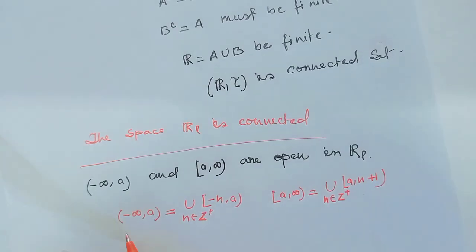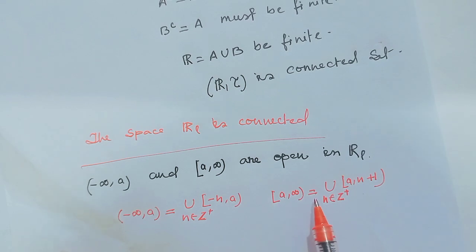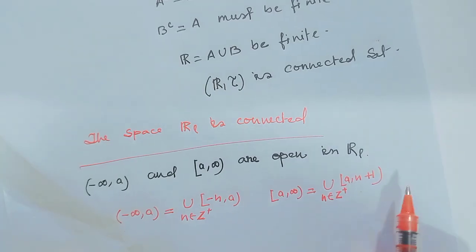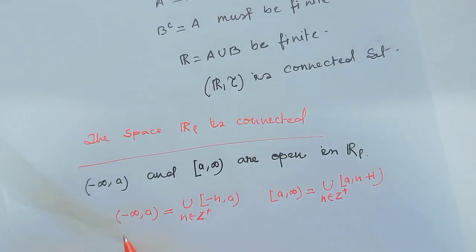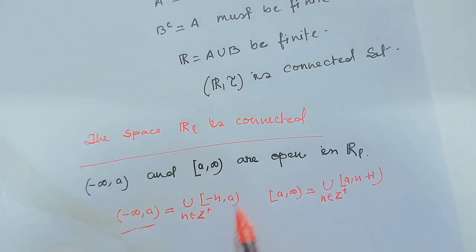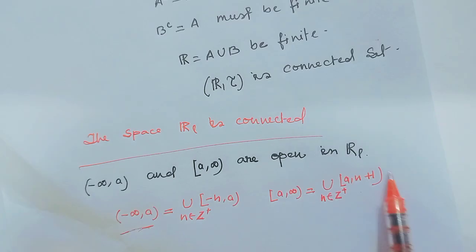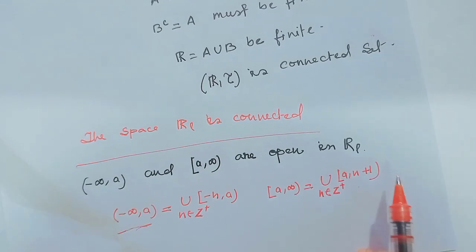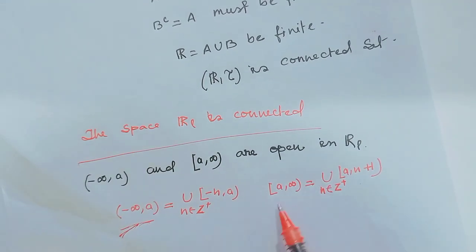Because we can write (-infinity, a) as a union of closed intervals [-n, a), and [a, infinity) as a union of [a, n+1). These are unions of open sets, and we all know a union of open sets is always open. So these are open in R_L.